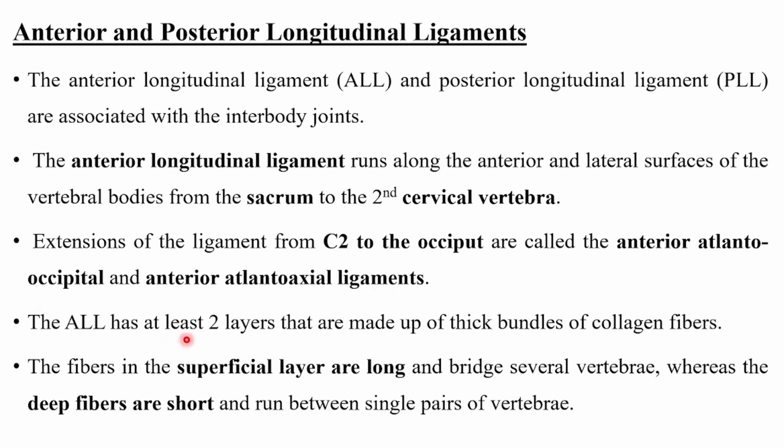The anterior longitudinal ligament has two layers, like the posterior longitudinal ligament, made up of thick bundles of collagen fibers: a superficial layer and deep fibers. The fibers in the superficial layer are long and bridge several vertebrae, whereas the deep fibers are short and run between single pairs of vertebrae.